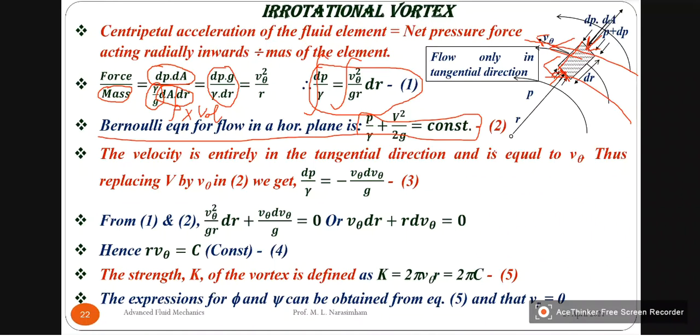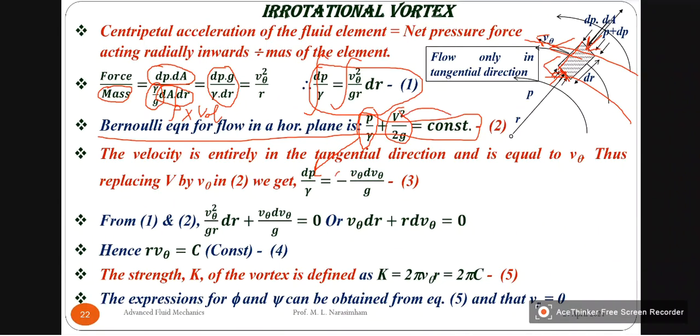So I can differentiate this with respect to theta, because the velocity is in the direction of theta. So dP by gamma will be, this goes to the other side, so it will be a minus sign.